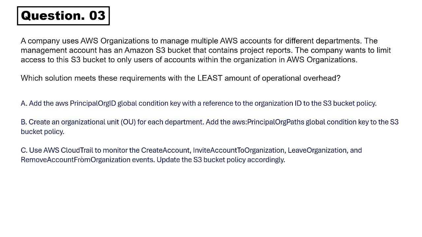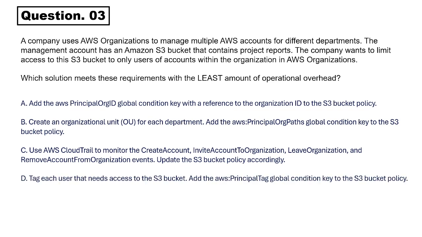Option C, use AWS CloudTrail to monitor the CreateAccount, InviteAccountToOrganization, LeaveOrganization, and RemoveAccountFromOrganization events. Update the S3 bucket policy accordingly. Option D, tag each user that needs access to the S3 bucket. Add the aws:PrincipalTag global condition key to the S3 bucket policy. These are all the options.